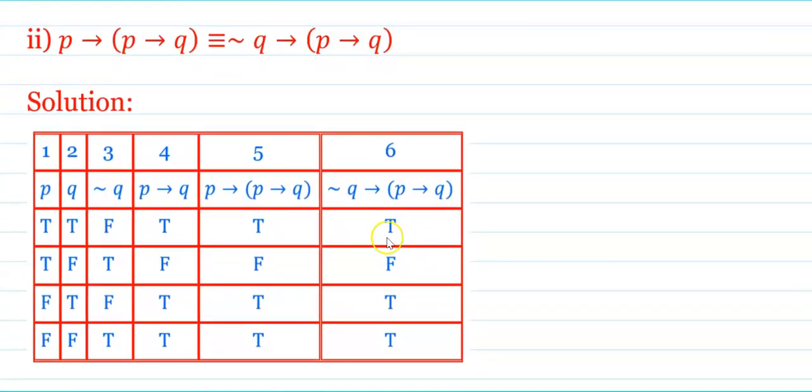Now the next question. P implies (P implies Q) is equivalent to negation of Q implies (P implies Q). Again, two statements are there. Connectives 1, 2, 3, 4, 5.